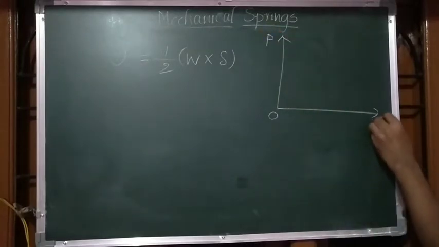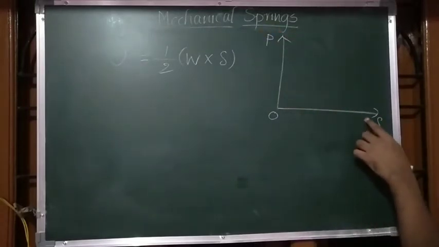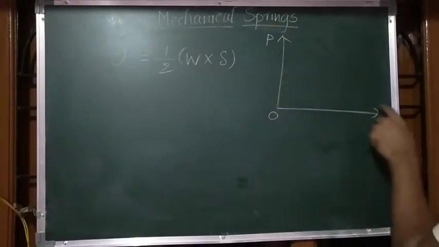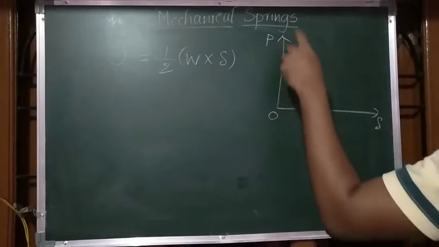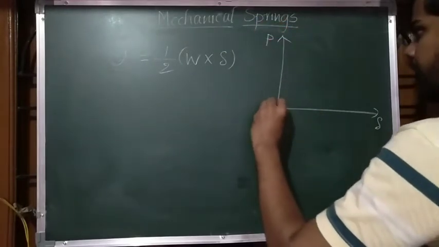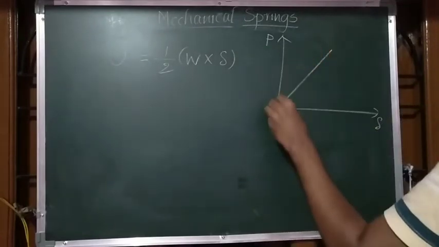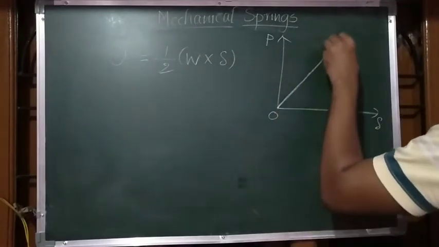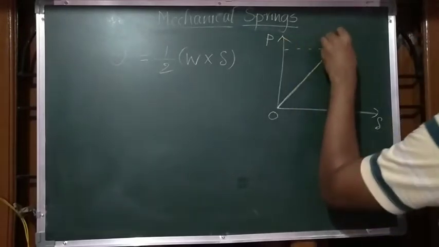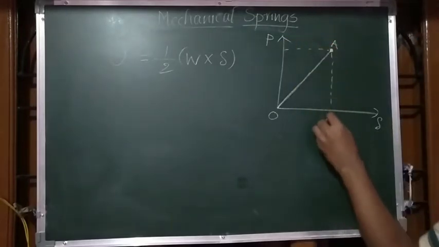On the x-axis we consider deflection, and on the y-axis we consider load. Just suppose the load is applied gradually to the spring from 0 to some value. Let us represent these points A and B.